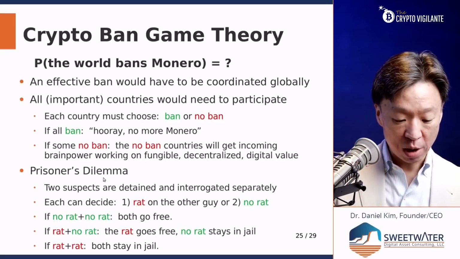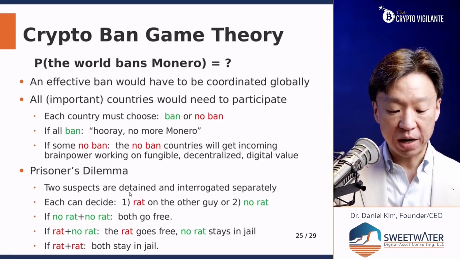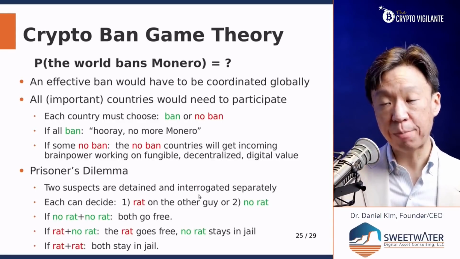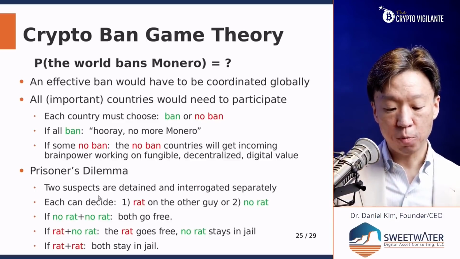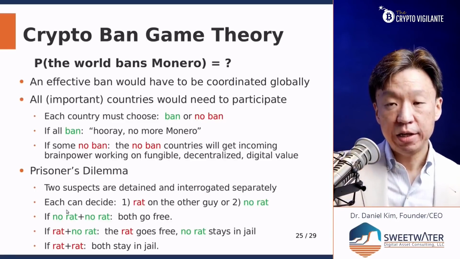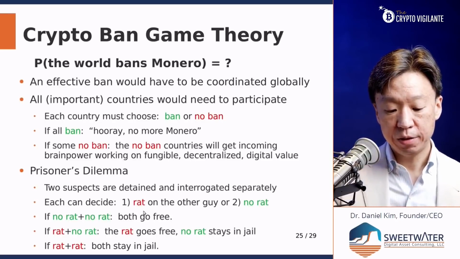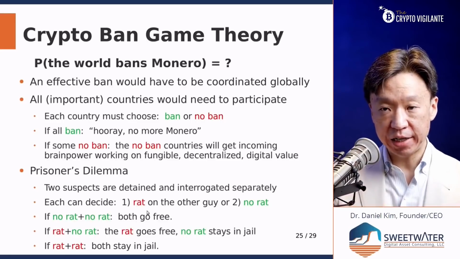The prisoner's dilemma problem goes like this. You have two suspects, and they've been captured by the police, and they've been detained, and now they're being interrogated in separate rooms, so they can't talk to each other. So you have Perp 1 and Perp 2. Each of these detained people can decide, am I going to rat on the other guy? Am I going to tell the police that the other guy did it?